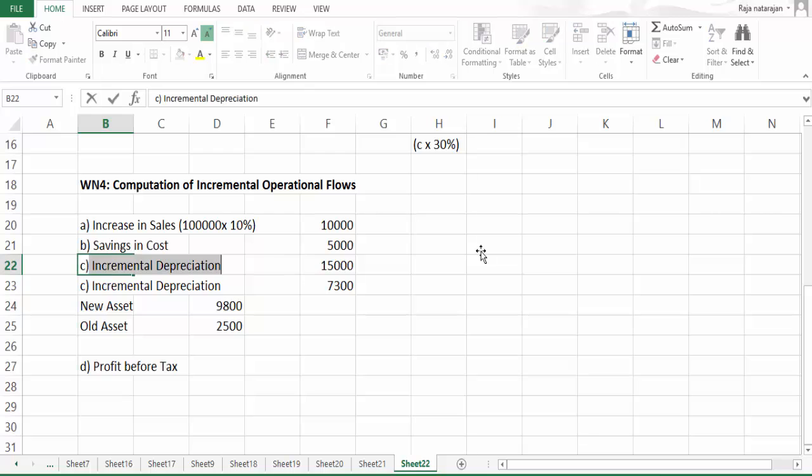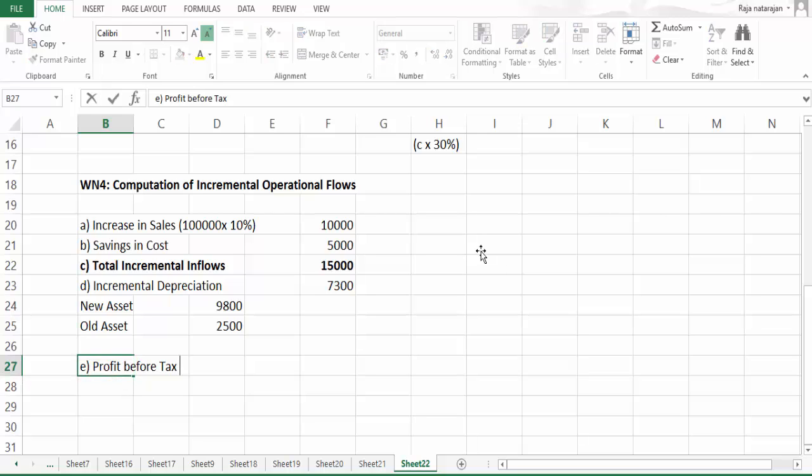So I'll give a name for this. I'll call this C, total incremental inflows, which is 15,000. Then I have incremental depreciation, I'll call it D, and profit before tax is going to be called E.